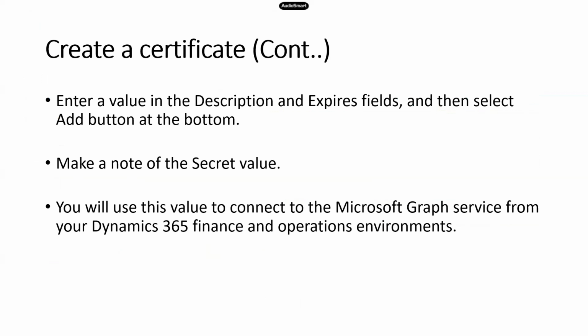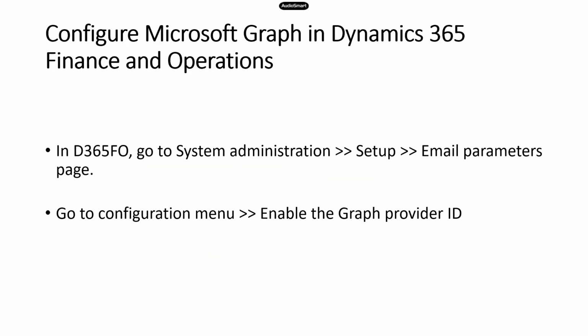And then you have to enter a value in the description field and set the expiration of the secret, and then click the Add button at the bottom. You also need to make a note of the secret value because you will use this value to connect to the Microsoft Graph service from your Dynamics 365 Finance and Operations environment.